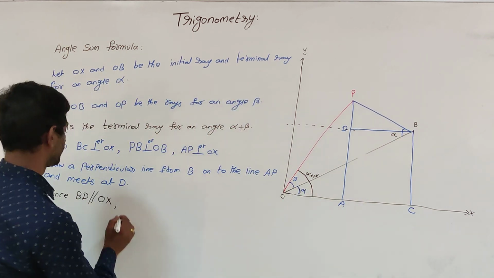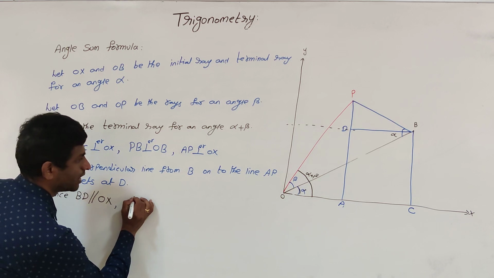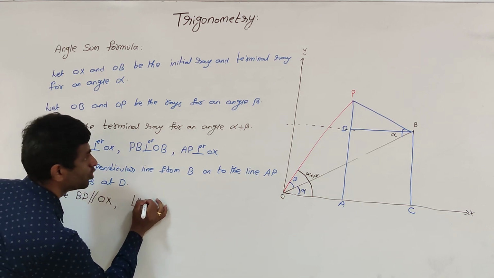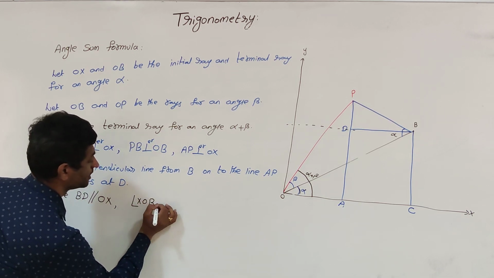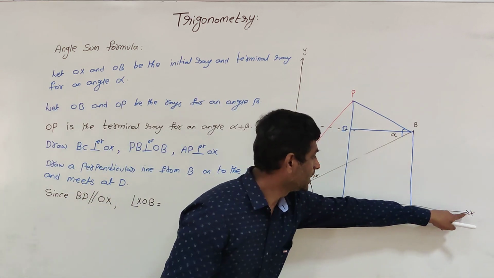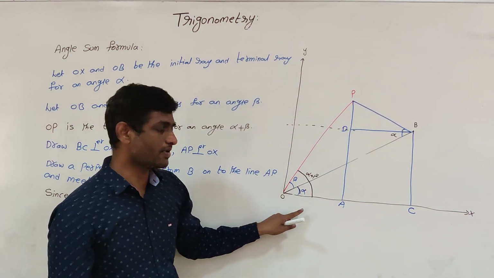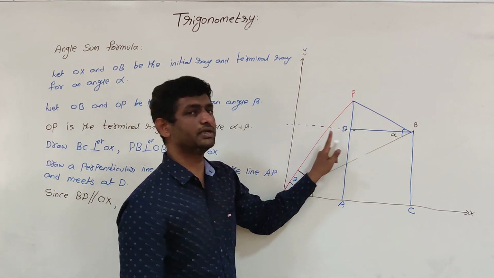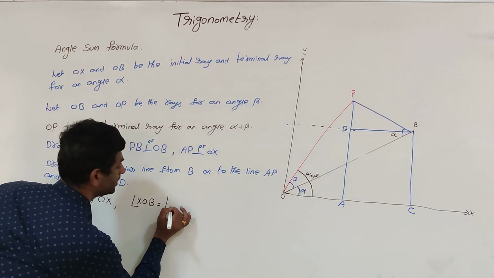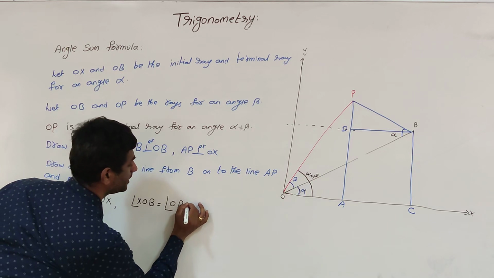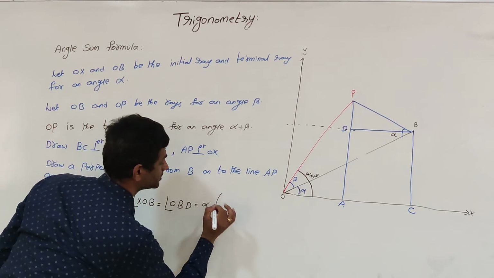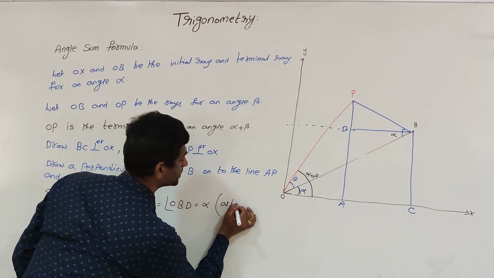Means angle XOB, that is alpha, will be same as angle OBD, since alternate angles are equal.